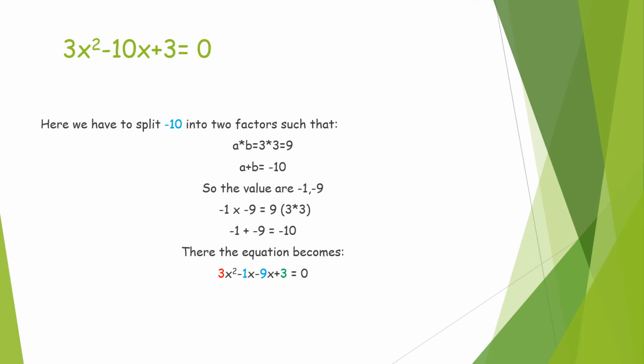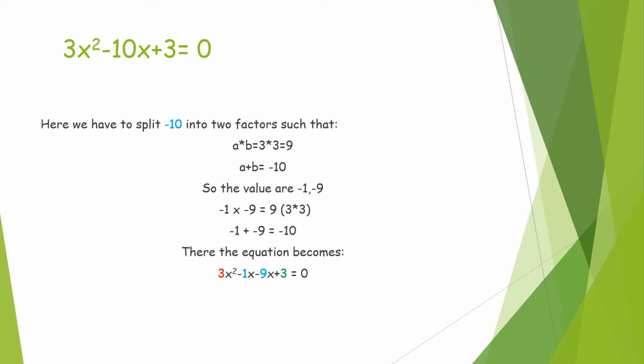Now in this particular example, we have to split minus 10 into two parts. So the two parts, when multiplied together, should give 9 and when added together should give negative 10. And the values are negative 1 and negative 9.